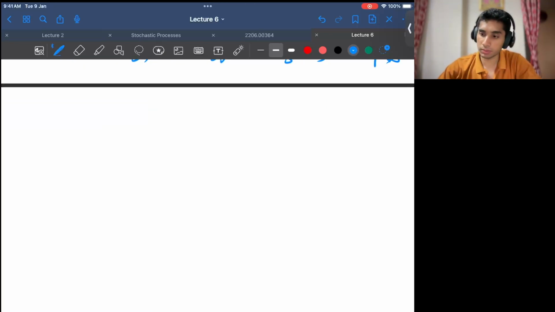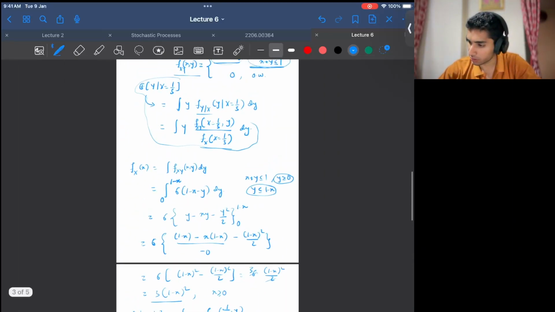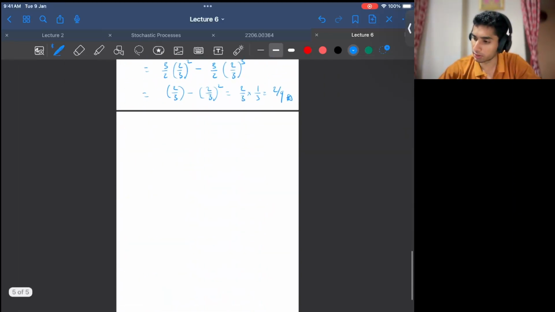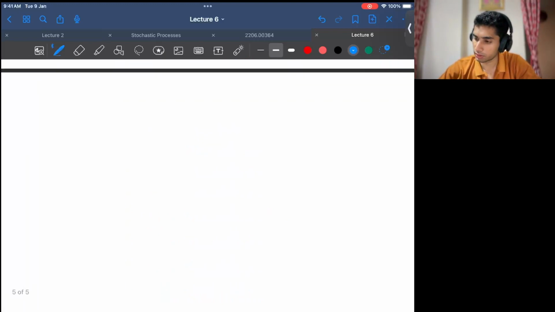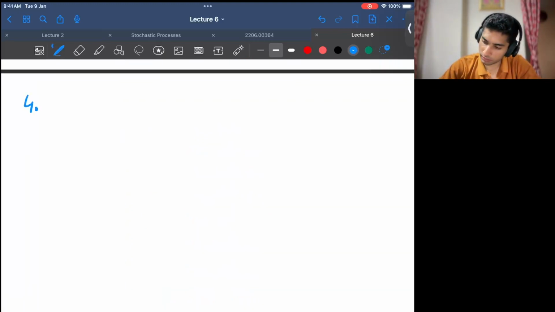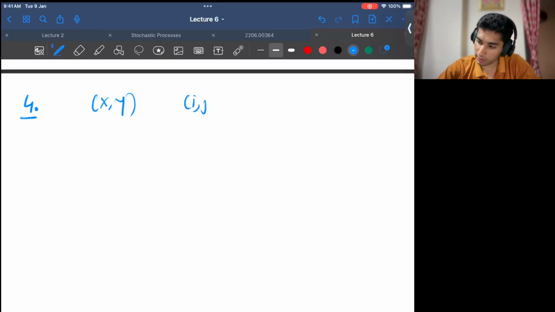So this was the third question, or second of the third question. So let's look at the fourth question. So now the question is as follows, right? There are two random variables x and y. They can take value of the form i comma j, where i can be equal to 0, 1, 2, and j can be equal to 0, 1, 2.